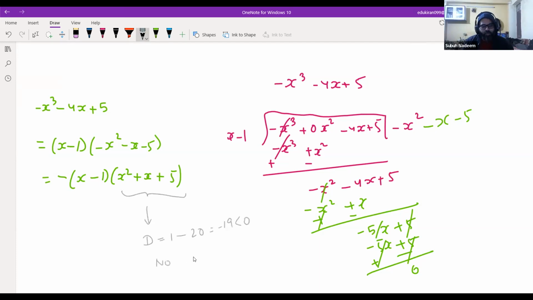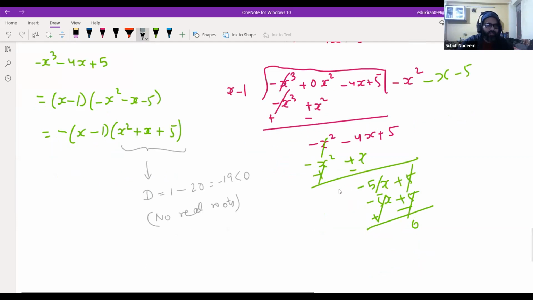So it has no real roots. So in that case, this basically is giving no real roots. That is, there is only one real root, which is x is equal to 1.